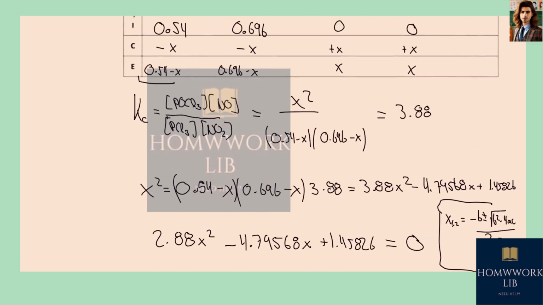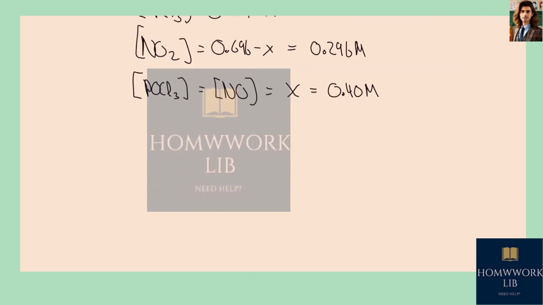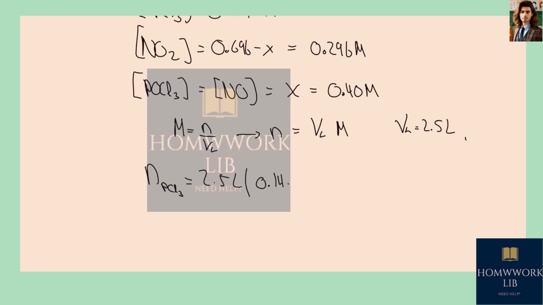Now, these are the concentrations, so now we want to know how many moles there will be of each gas. Remembering that molarity is equal to the amount of mole divided by the volume in liters, the amount of mole is equal to the volume in liters times the molarity, and the volume is 2.5 liters. Thus, the amount of mole of PCl3 is 2.5 liters times 0.14 mole per liter, which gives us 0.35 mole.